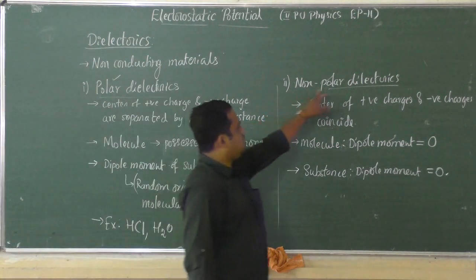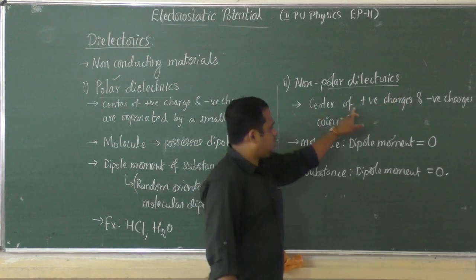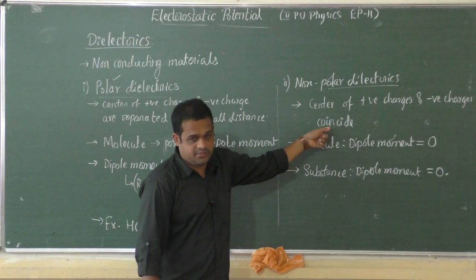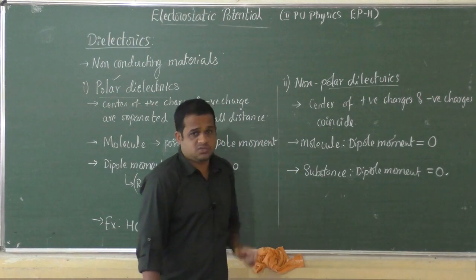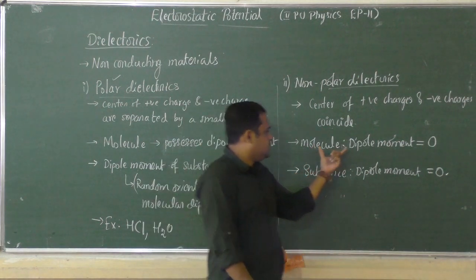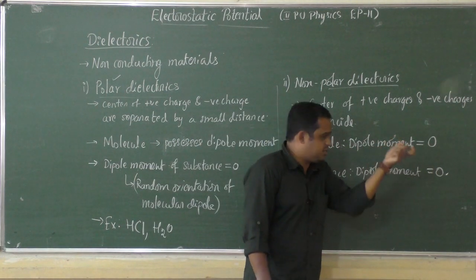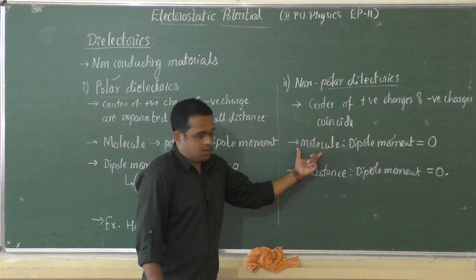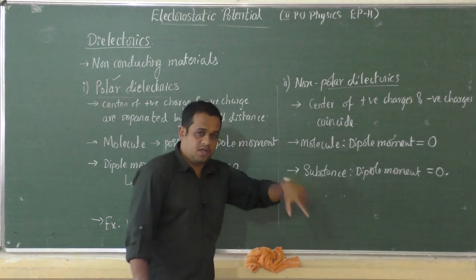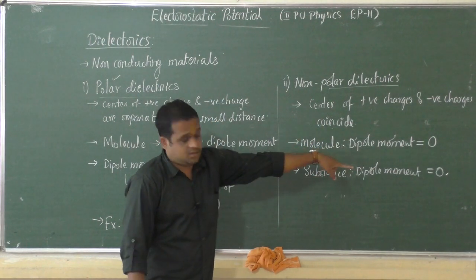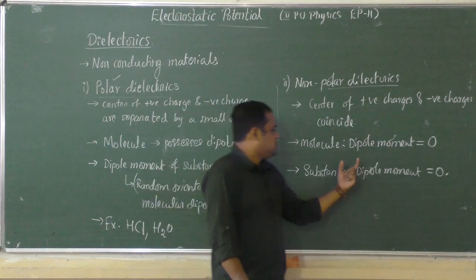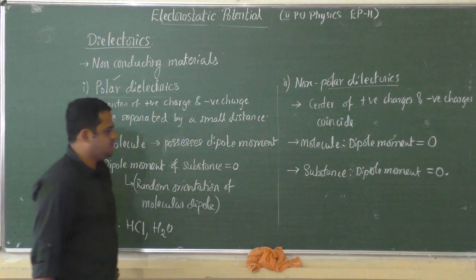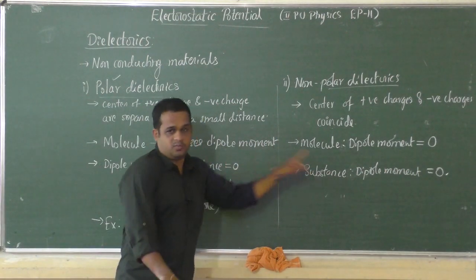So, in case of non-polar dielectrics, the center of positive charges and the center of negative charges coincide. There is no separation between those two points. Since there is no separation between positive and negative charges, the dipole moment, which is given by separation into magnitude of charge, is equal to 0. That is in case of a molecule. If you add the dipole moments of the molecules, it gives the dipole moment of the substance. So it is 0, therefore the dipole moment of the substance is also equal to 0. The last condition is the same for both.